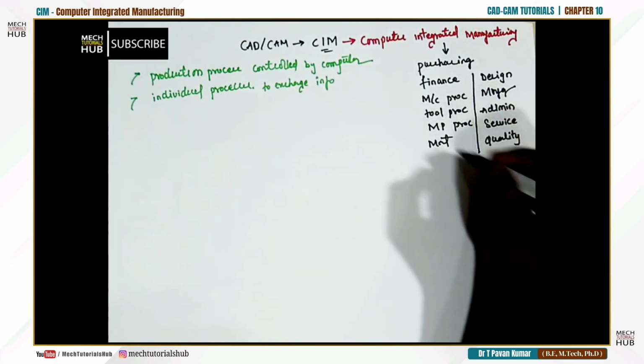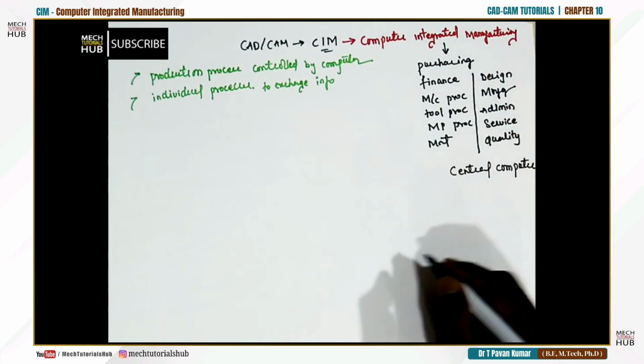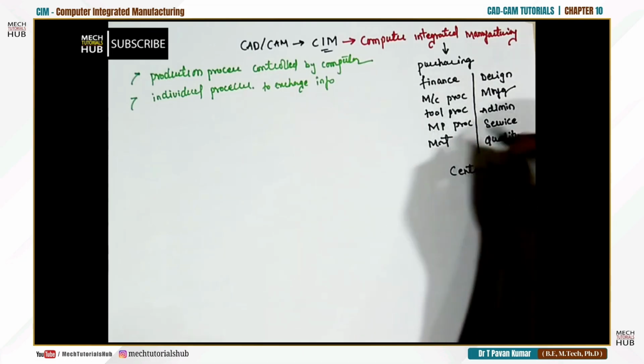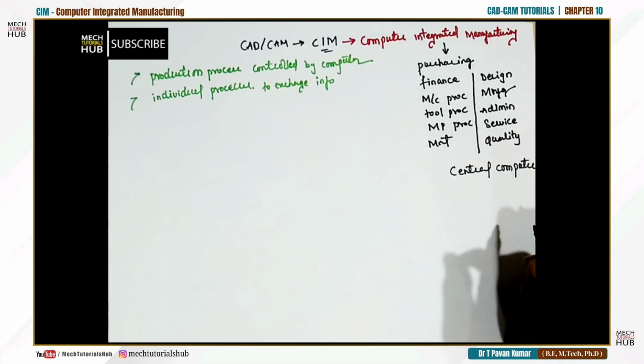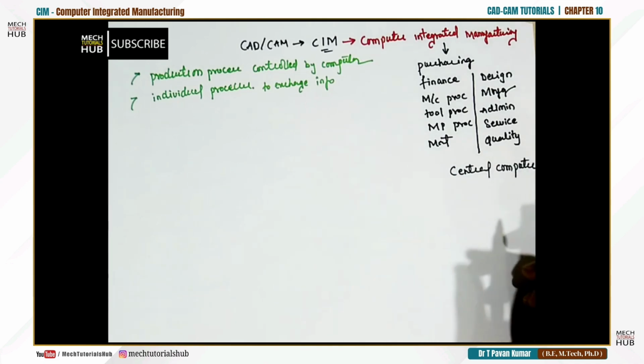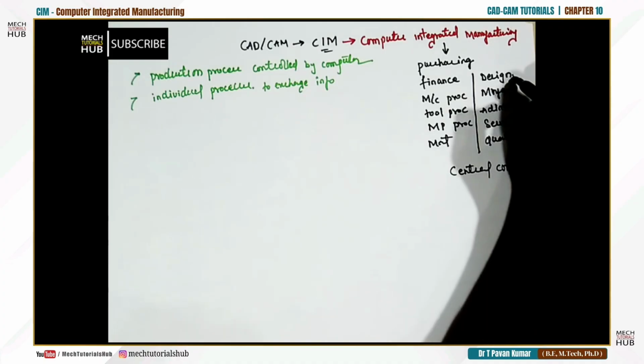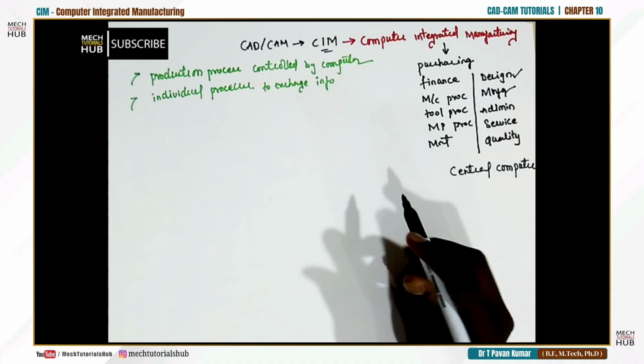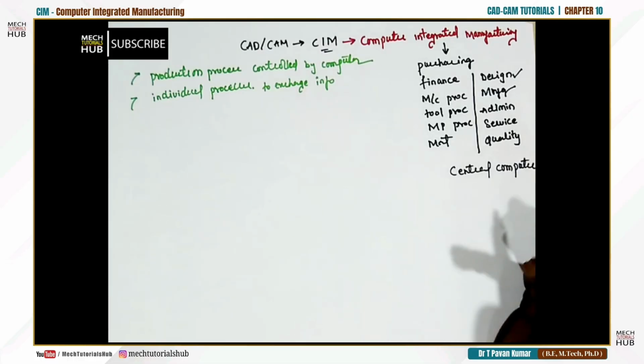So we use a central computer system which helps communicate and pass information between each and every department, about what exactly is happening in the other departments. This helps you know how important your project is, how much time it is going to take, and when it is going to go to the shop floor for manufacturing. Every individual will have that information so that they can work effectively.